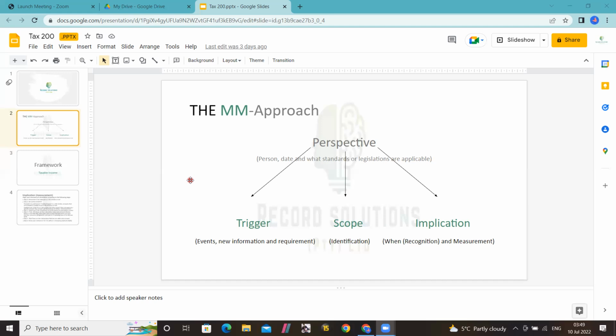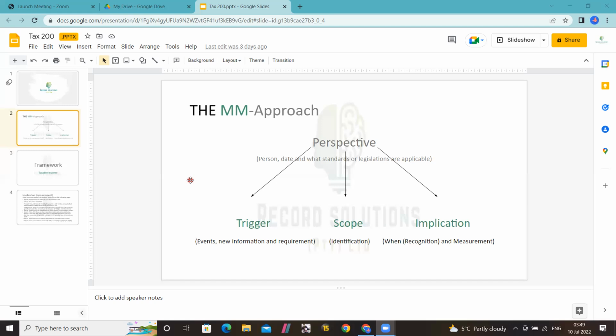So don't make the mistake of calculating two taxes, or using the rules in the VAT Act and the Income Tax Act in one question. That won't help you. So the first thing is to determine what standard you're working with, so what act is applicable to that specific question.